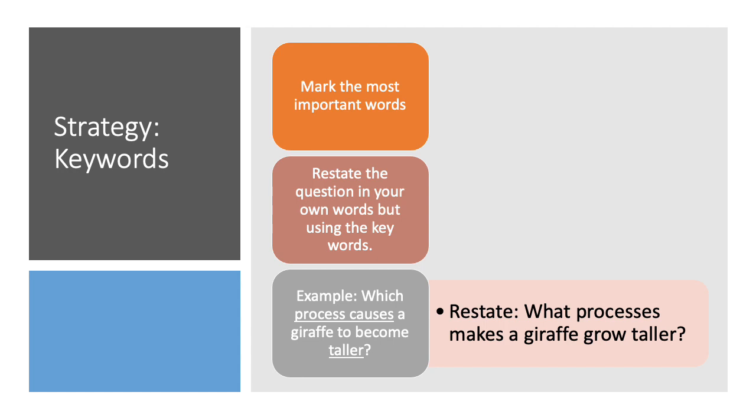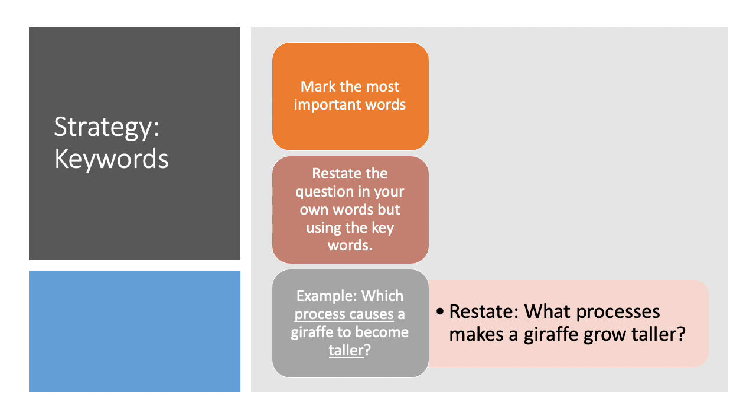Process I know means how something happens, and causes is, let's see, here we go. Had to take a moment to think about it, and that's a-okay. Causes is what makes something happen. So I know that I'm looking for what process or how something happens.